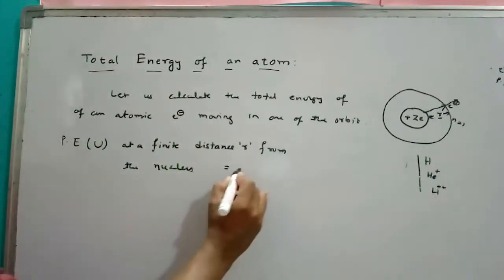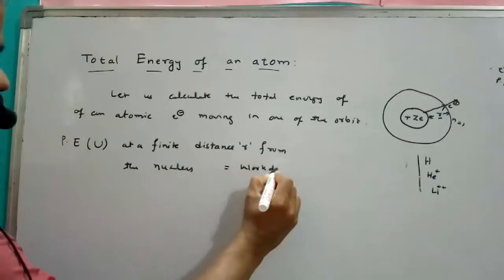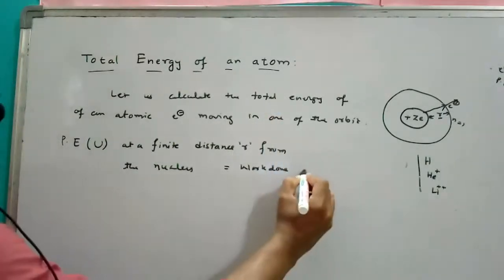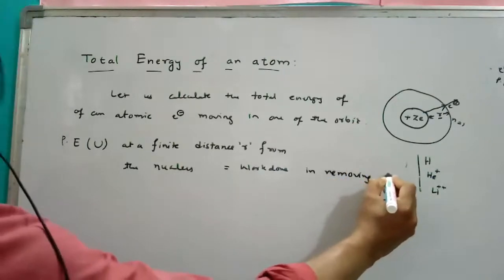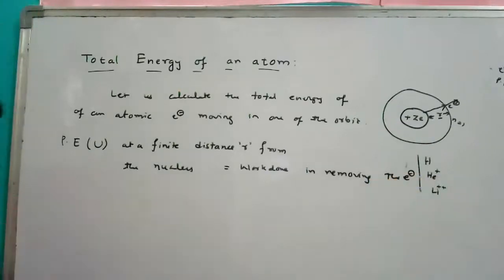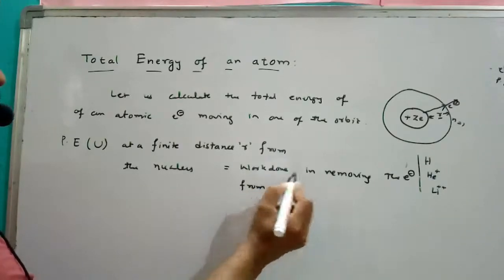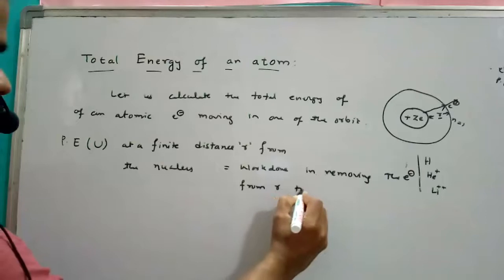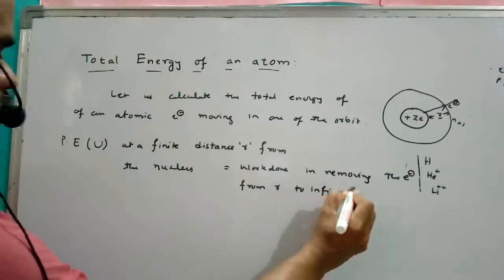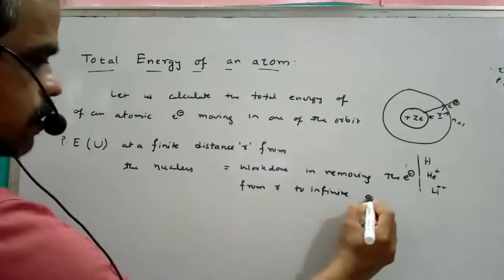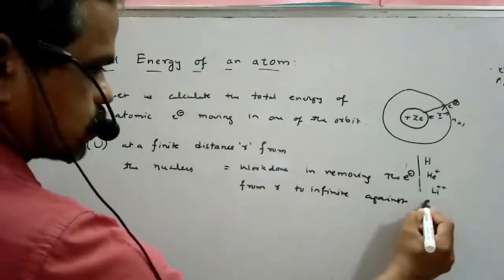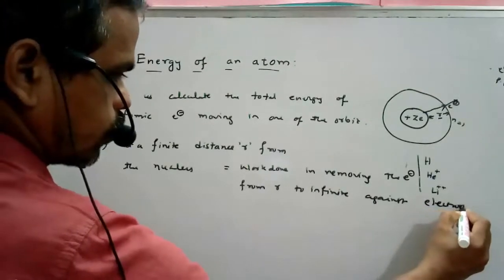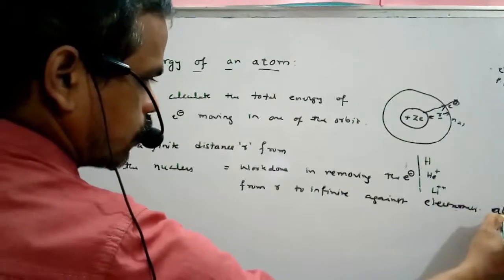That potential energy, U, is equal to the work done in removing the electron from distance r to infinity against the electrostatic attraction force.